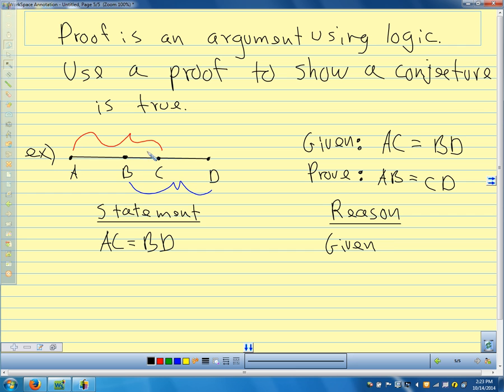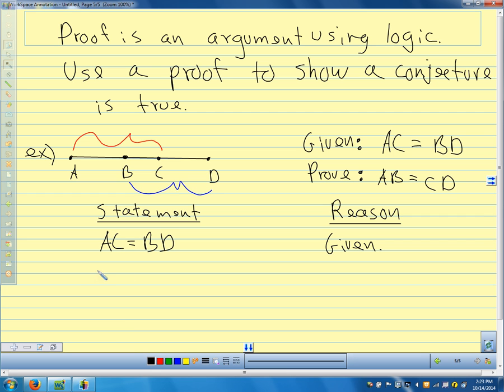From the picture, what do we know about segment AC? Isn't it made up of two smaller segments? Isn't AC made up of segment AB and segment BC? Yeah. And isn't BD made up of segment BC and segment CD? Yeah? So let's write that down.